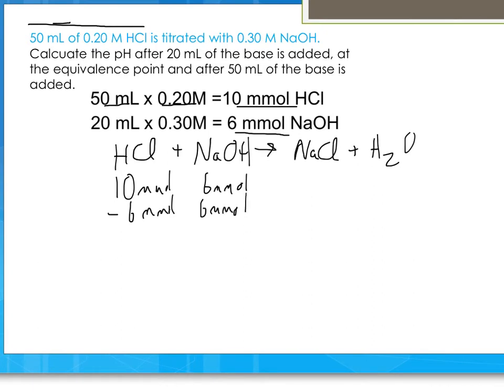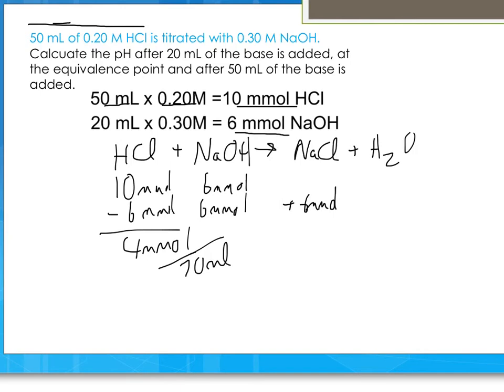We're going to produce 6 millimoles of NaCl. Now NaCl is a neutral salt, so what are we left with? We're left with 4 millimoles of hydrochloric acid, and that is going to be in a total of 70 milliliters.